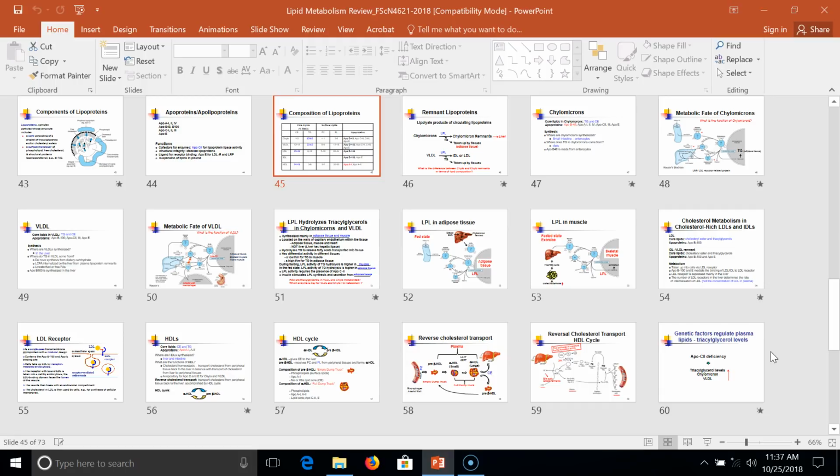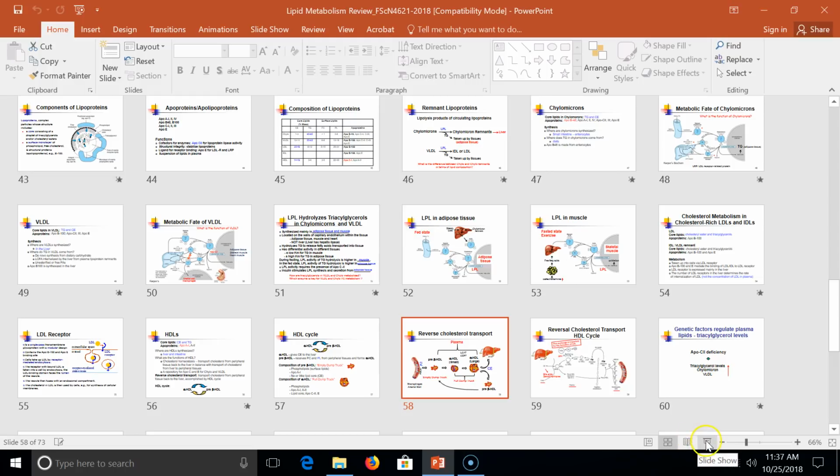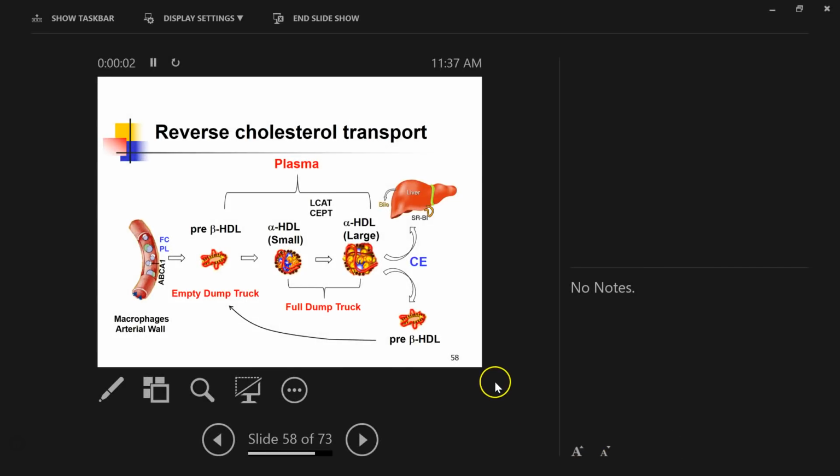ABCA1 again is a transporter of free cholesterol and phospholipids from peripheral cells to beta HDL, and plays a very important role in the process called reverse cholesterol transport, right?